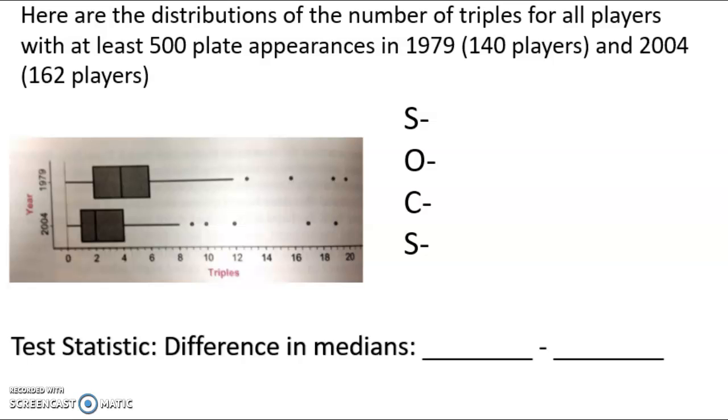Okay, it's going to keep it real simple. All right, here we go, next slide. Looking at the box plots, here are the distributions of the number of triples for all players with at least 500 plate appearances. You've got the 79 group on top, the 2004 group on the bottom. If you're going to compare them with the SOCS, let's keep this simple. S is the spread, the shape.